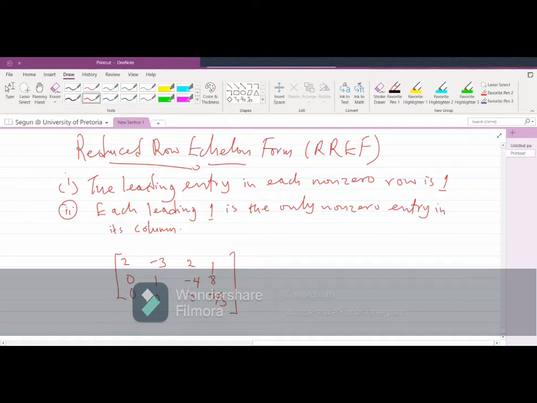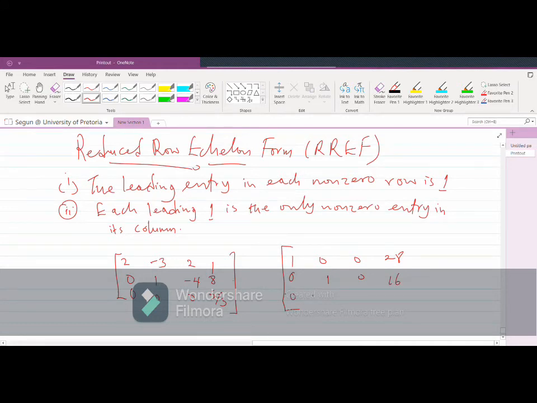I'm just giving us the kind of matrix we are talking about. I'm not solving anything here. So this one will be 0, 1, 0, 16.